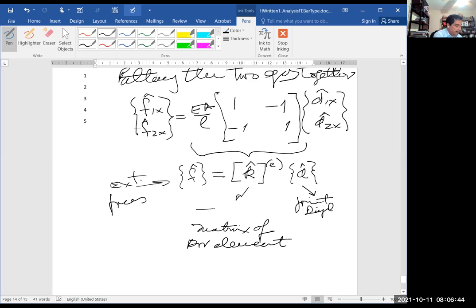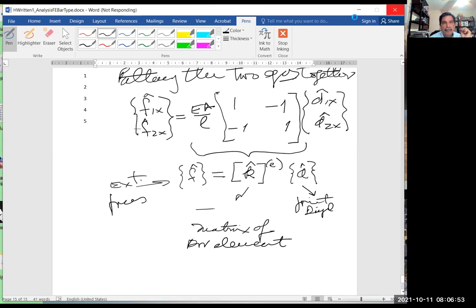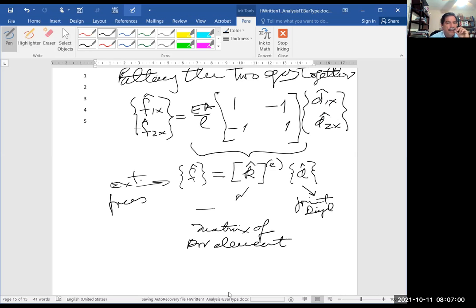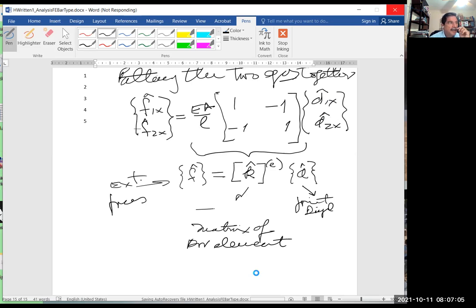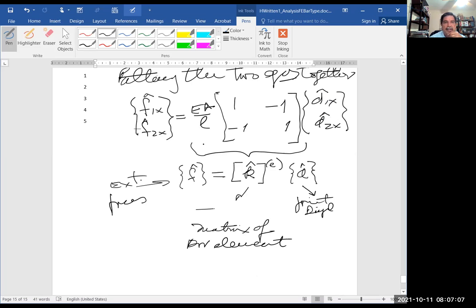Questions, people, so far? What's the value of the determinant of the stiffness matrix, people? What's the value of the determinant of this? 0, yes.